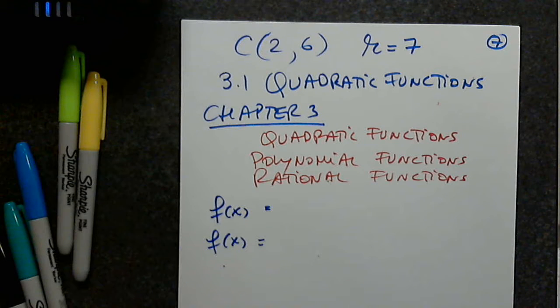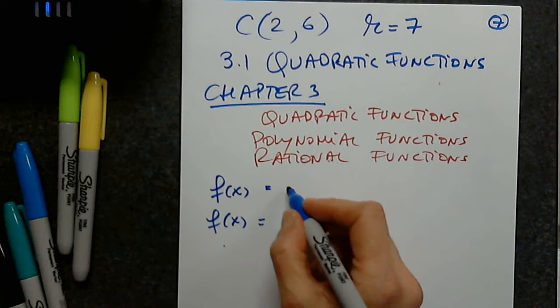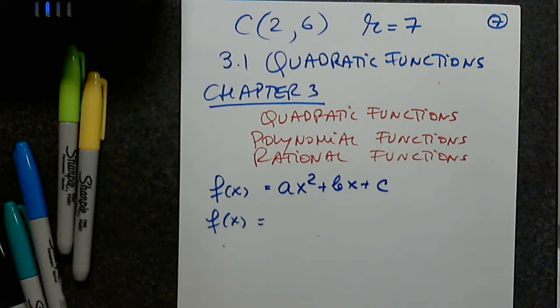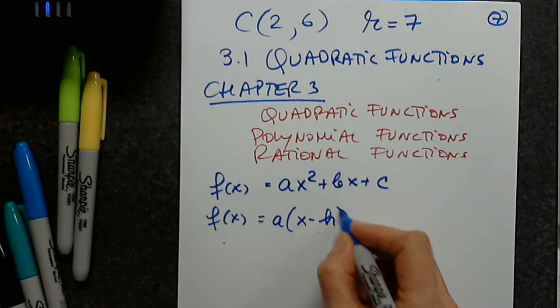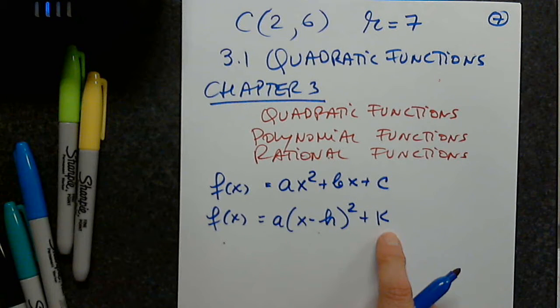Good. So a quadratic function can be given to us in 2 different ways. It's the same thing, but you'll tell me what is the difference between these 2 ways of giving. I can give you a quadratic function in 2 different ways, but it means the same thing. This is not the h and the k from the circle.